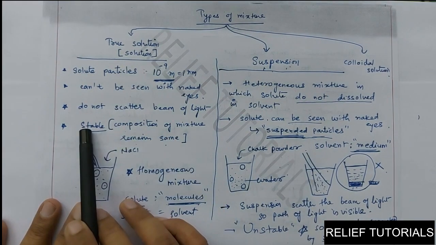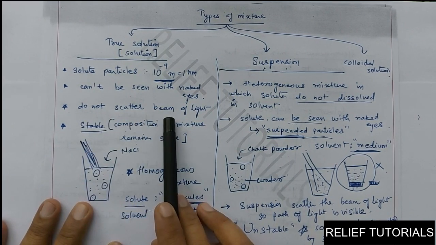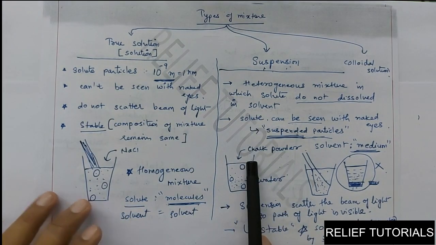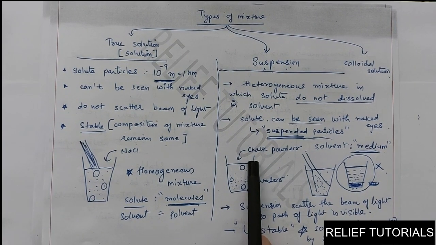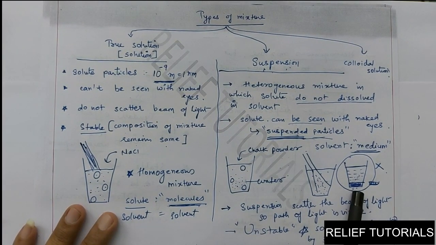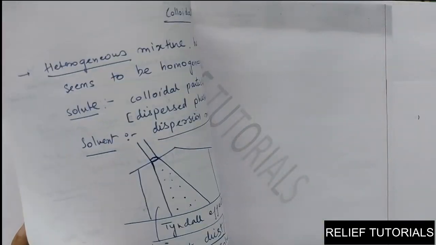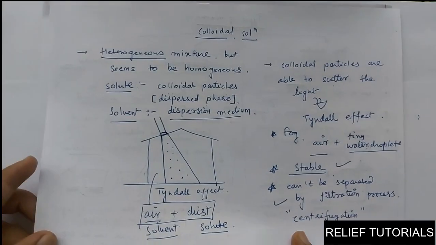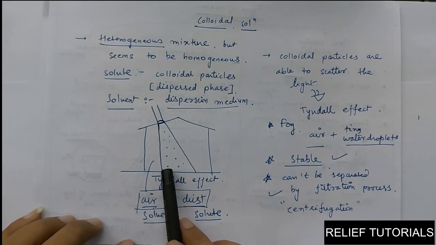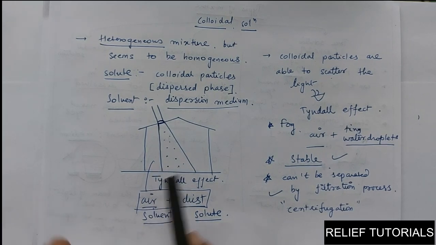In true solution, the beam of light does not scatter. In suspension, the beam of light is scattered as long as the suspension exists, but once the particles settle down at the bottom, the suspension breaks and no scattering is possible. In colloidal solution, the particles are of intermediate size, so they are able to scatter the beam of light continuously.